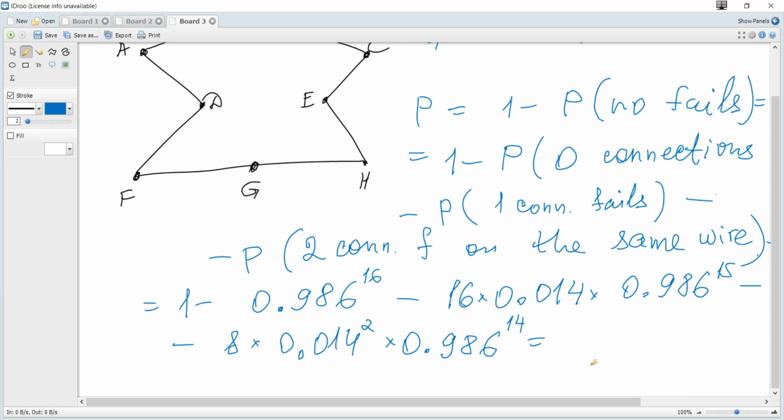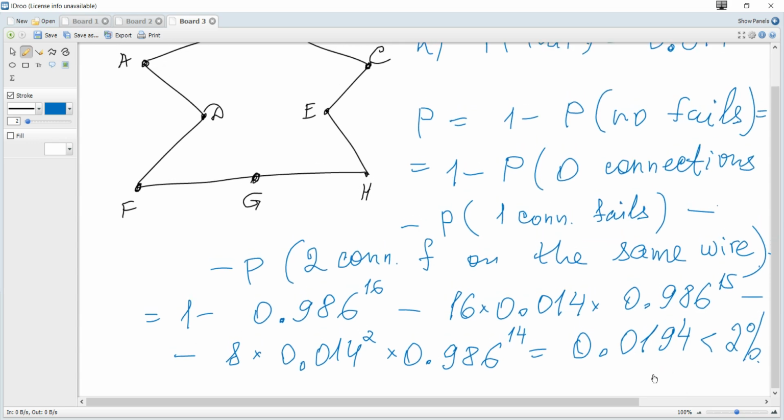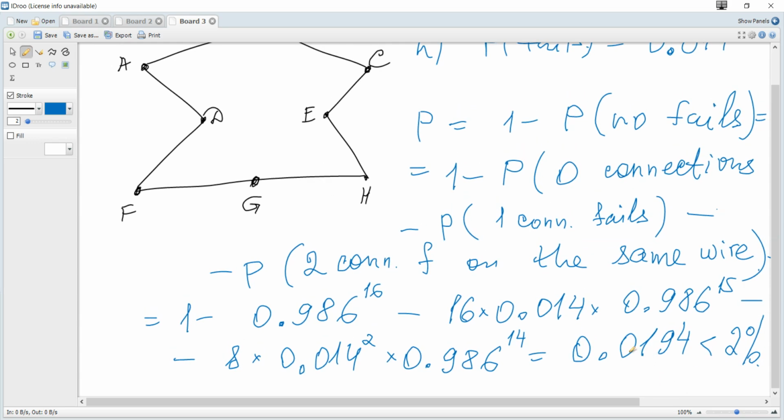And if you calculate it, you get this value, which is less than 2% as required. And that's all for this question.